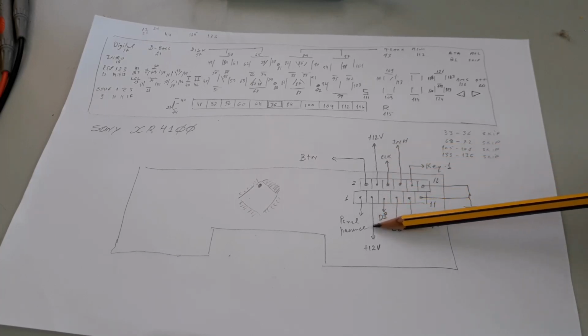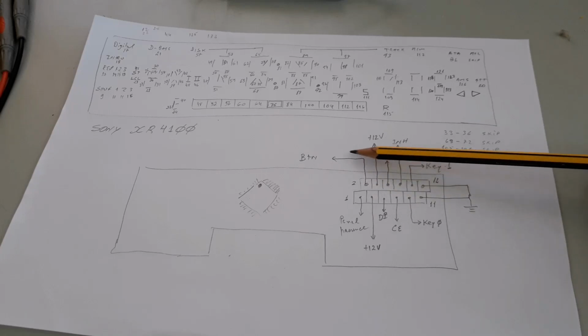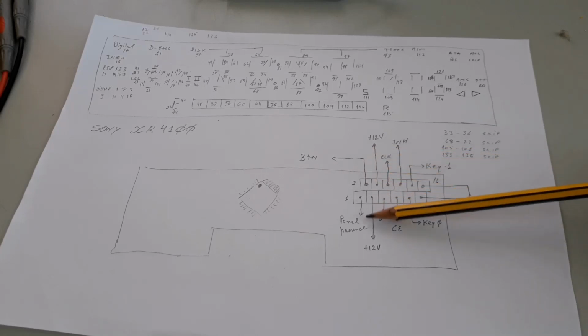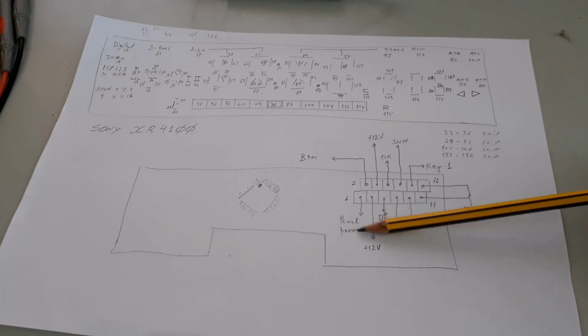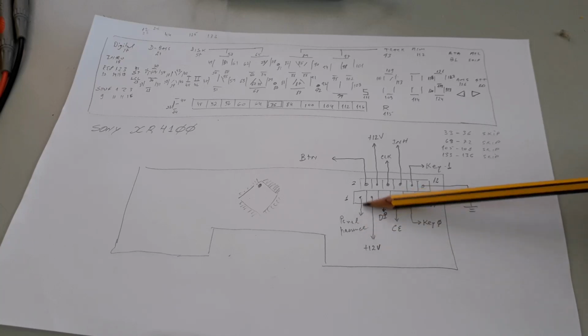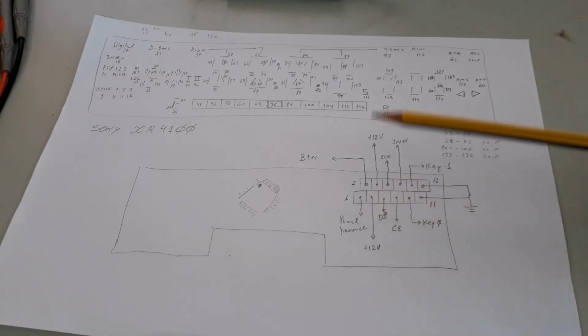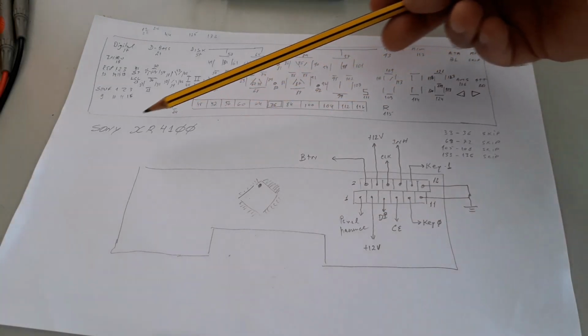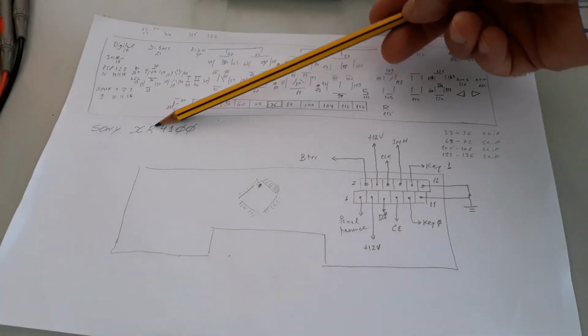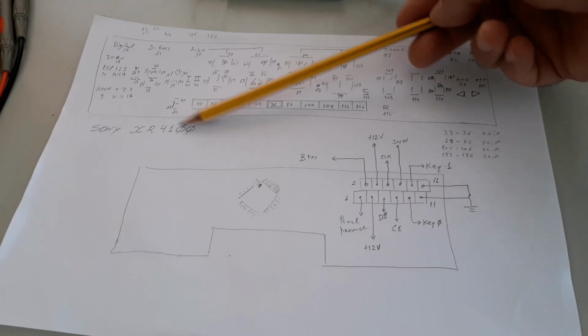This is the same. The button of the 4 positions and the information of the presence of the panel to the radio. The reference is a Sony XR4100.